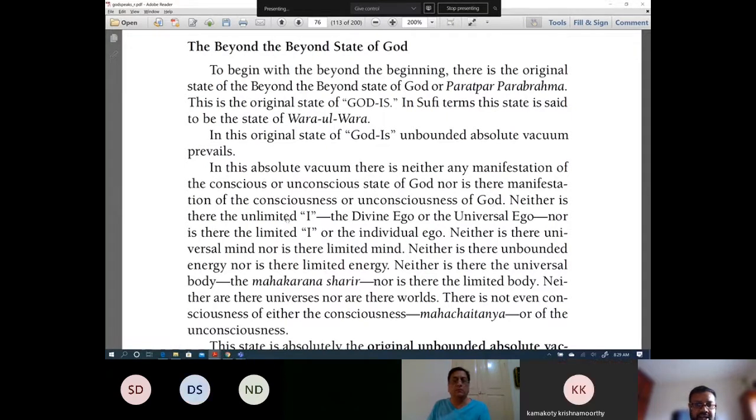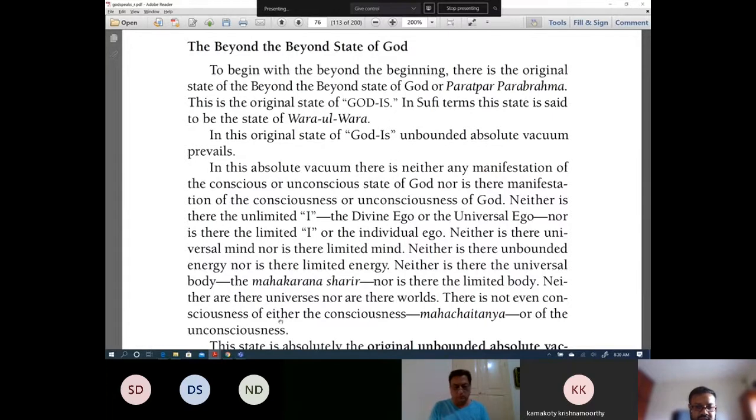Neither is there the unlimited I, the divine ego, or the universal ego, nor is there the limited I or the individual ego. Neither is there universal mind, nor is there limited mind. Neither is there unbounded energy, nor is there limited energy. Neither is there the universal body, the Mahakarana Sharira, nor is there the limited body. Neither are there universes, nor are there worlds.